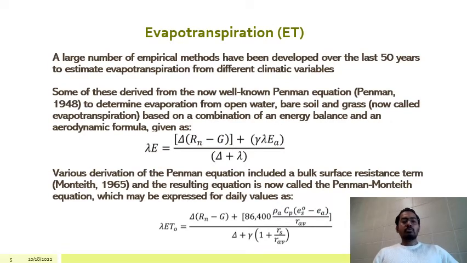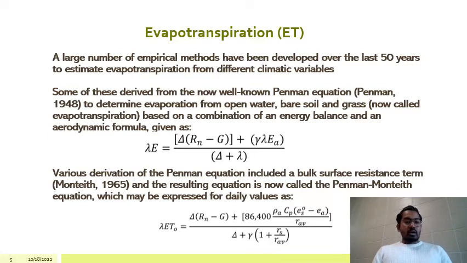A large number of empirical methods have been developed over the last 50 years to estimate evapotranspiration from different climate variables. Some of these derive from the well-known Penman equation of 1948 to determine evapotranspiration from open water, bare soil and grass, based on a combination of energy balance.